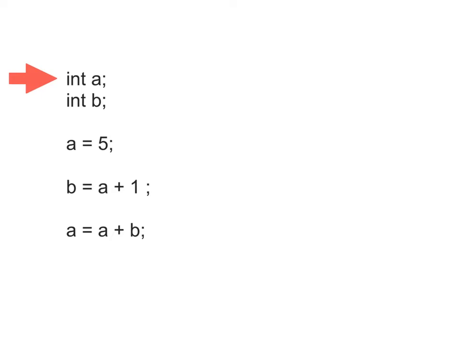So the first line says int a. This declares a variable with the name a. We will draw a place to put the value of the variable a.